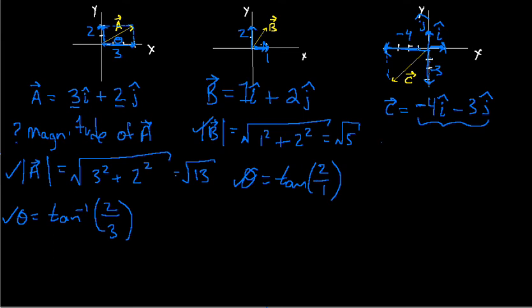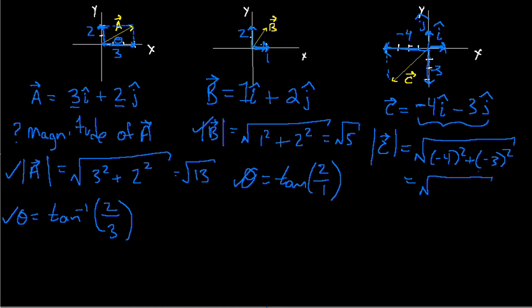Okay, so magnitude of vector c is the square root of negative 4 squared plus negative 3 squared. So what will that be? That's the square root of 16 plus 9, which is the square root of 25. Is it? Yes, which is 5.